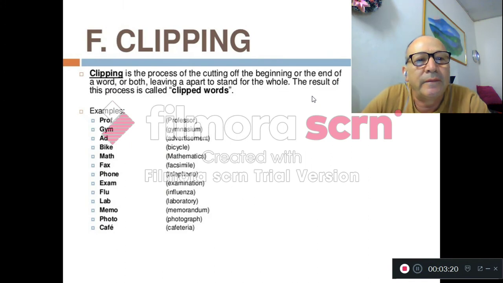Let's go to see the next slide. Clipping. Clipping is the process of cutting the beginning or the end of a word, or both, leaving a part to stand for the whole. The result of this process is called clipped words. Okay, let's go to see the samples. We have professor.